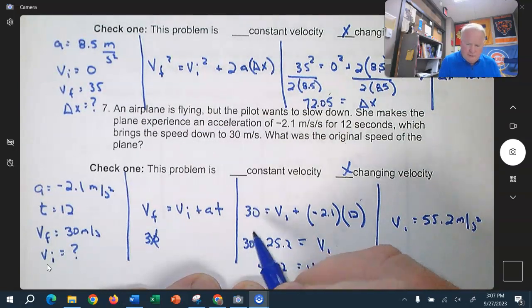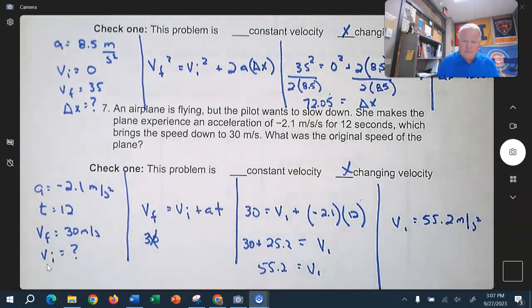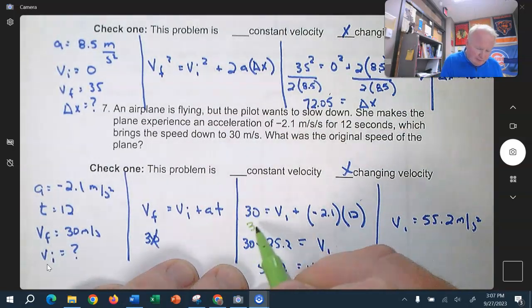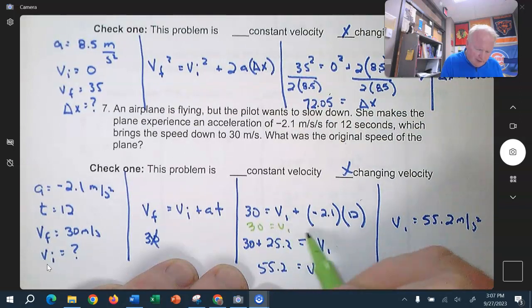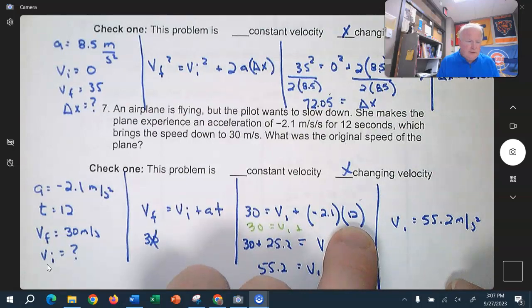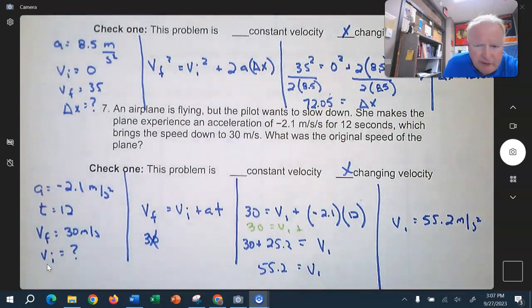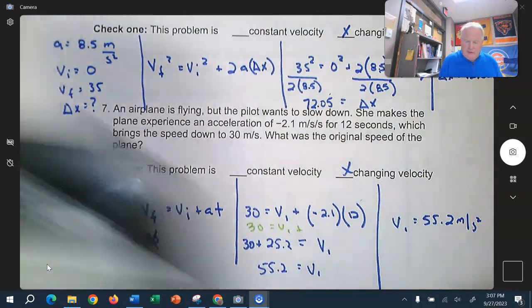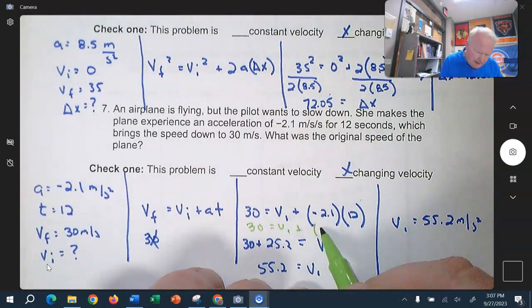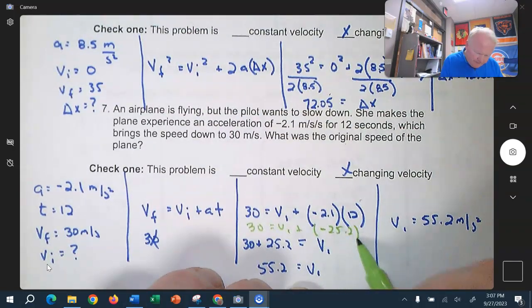So if I was to rewrite this, and let me put it in green, I took a shortcut. What I would have done in your situation is write down 30 equals VI plus, and I would say to myself, what's negative 2.1 times 12? And I think it's 25.2, so I get plus a negative 25.2.